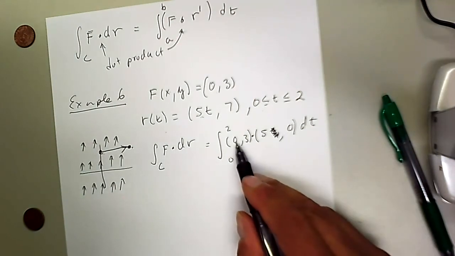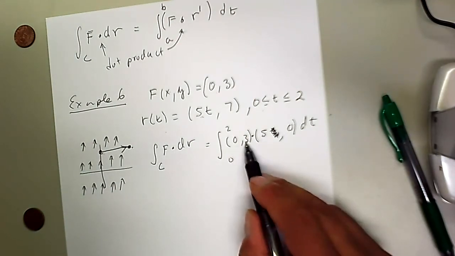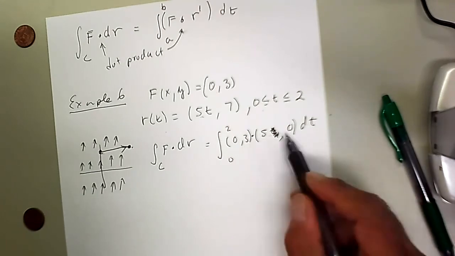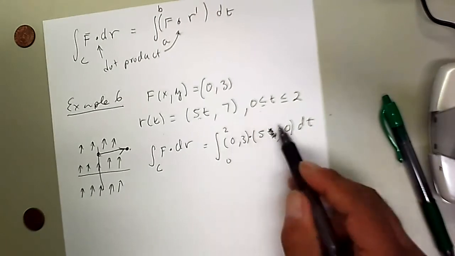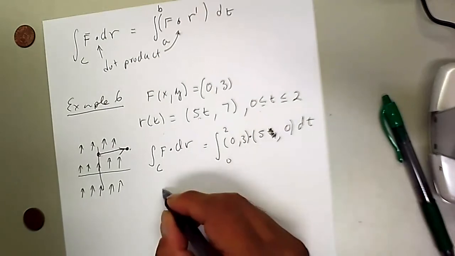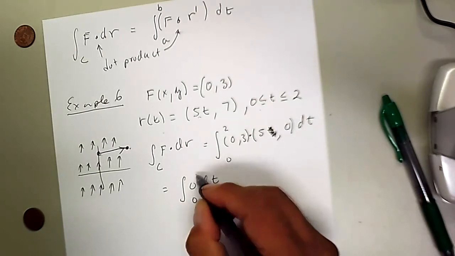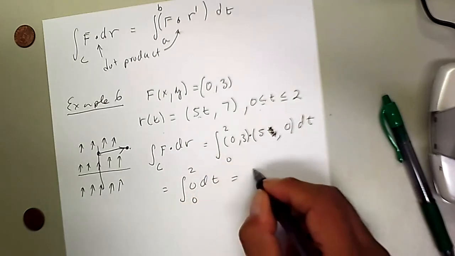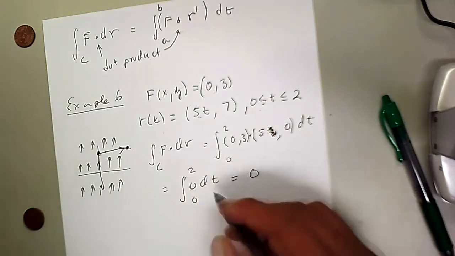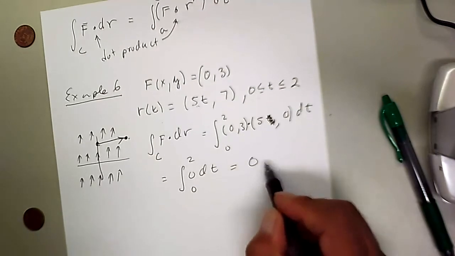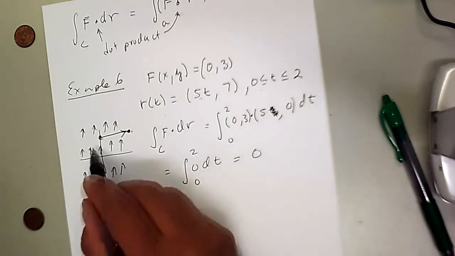So the dot product is 0 times 5, which is 0, plus 3 times 0, which is 0. So right there, even before we do the integral, we are just integrating 0, which of course is going to give us 0 no matter what. So that is just 0, as anticipated. This is not the vector 0, this is just the number 0, which means there's no work done here.